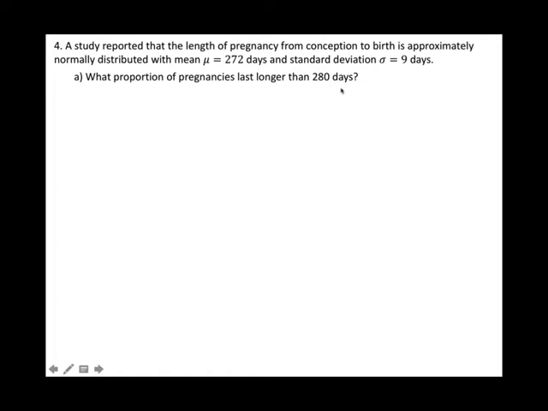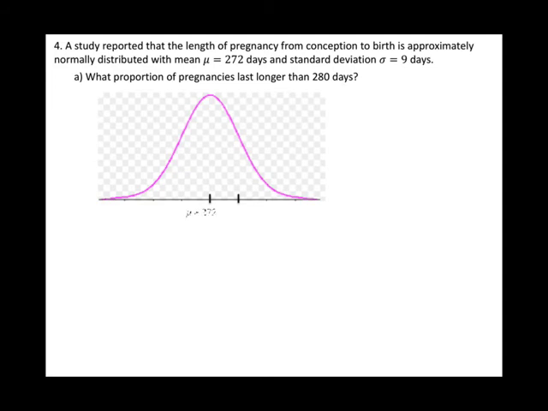So we are looking for the probability. We are looking for the area that lasts longer than 280 days. So we have the picture like this. In the middle, that will be the mean 272, and longer than 280 days. Okay. So we are looking for the area to the right, right? Because it's longer than. And then we will be using normal CDF.